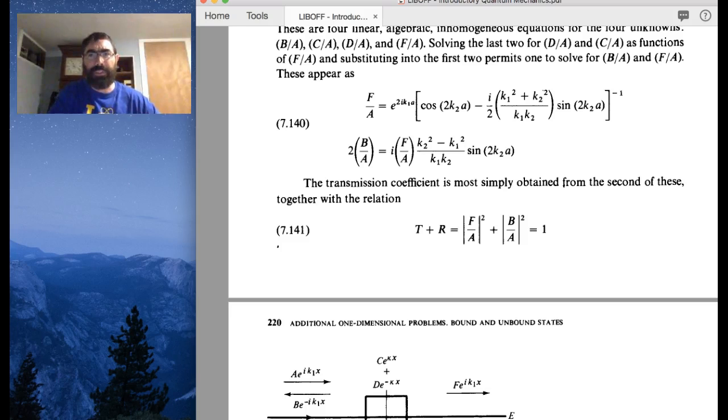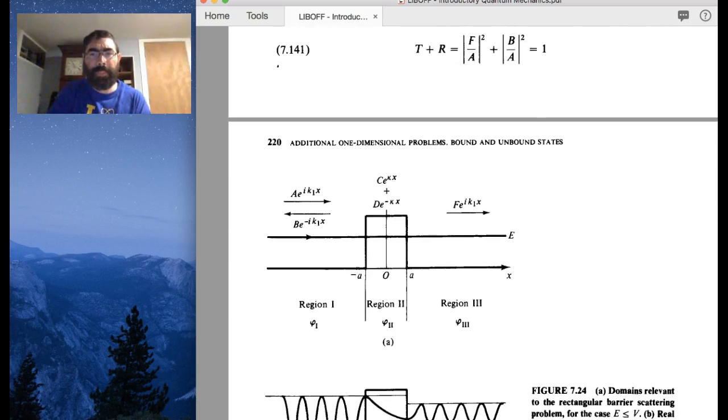And then k2 has the actual potential level itself, V, and so that is also going to impact the transmission probability. So if you make the potential barrier very tall, that's probably going to reduce the transmission probability and increase the reflection probability, whereas if you made it very wide, that would also probably increase the reflection probability and decrease the transmission probability.